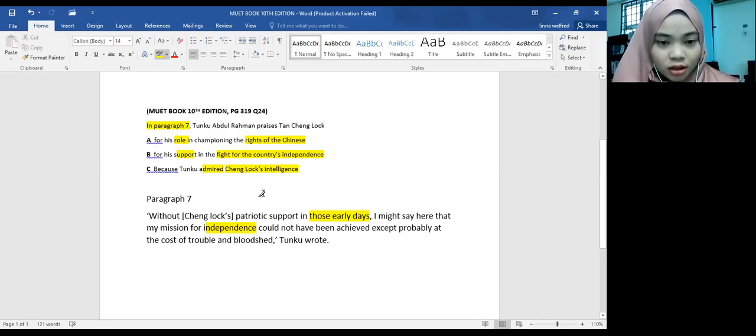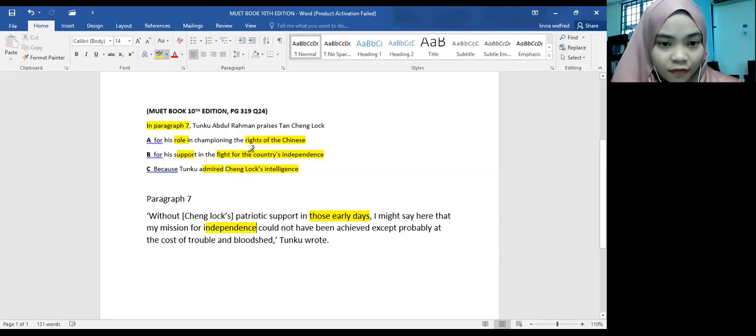Here we need to look at the synonym. These are the independence. There is no mention of intelligence or the rights of Chinese. There is no mention of Chinese here, and you can see here "my mission for independence."